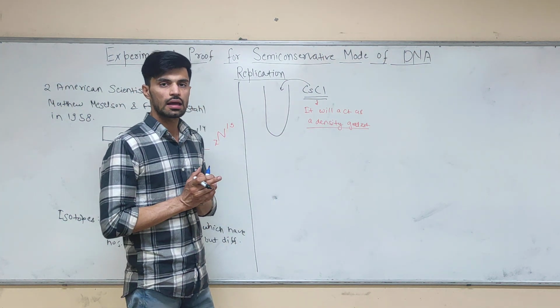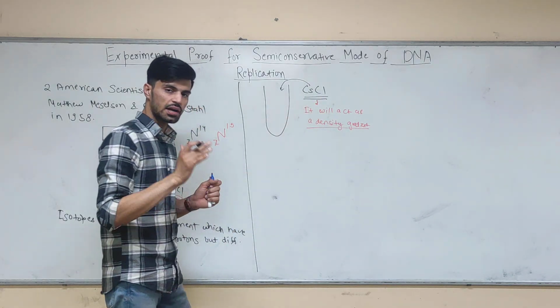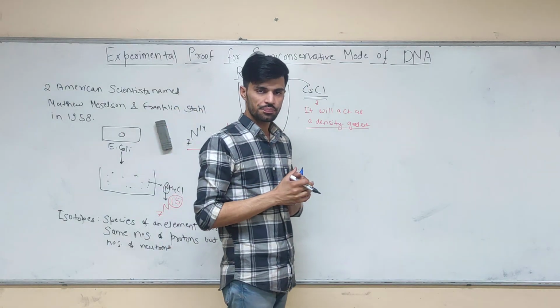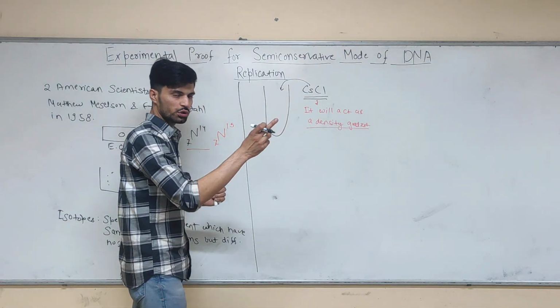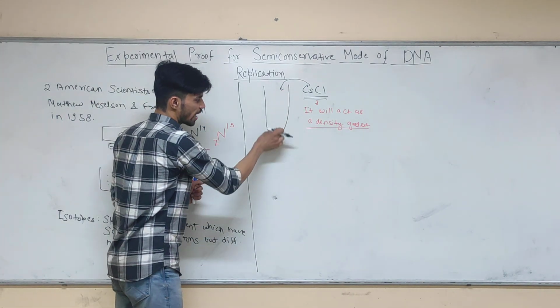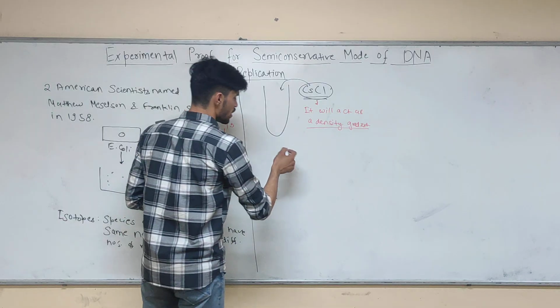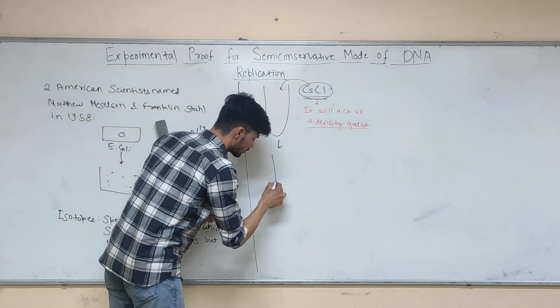If I then want to measure a compound or a protein according to its density, the compound or protein will settle according to its density with the help of CsCl.